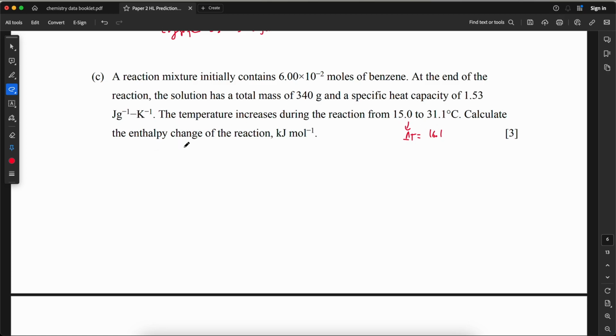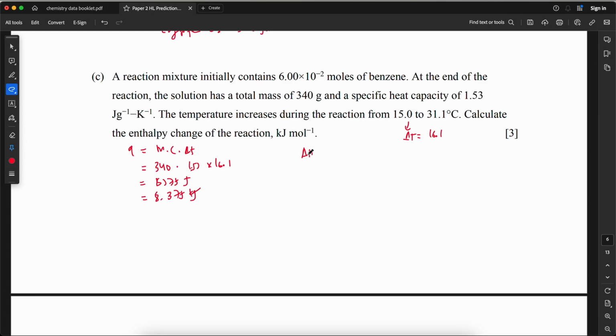Calculate the enthalpy change. First we need heat, because the enthalpy change will be Q divided by mole. So Q or heat will be mc delta T. So m is 340 times 1.53, which is the heat capacity, times 16.1, that would be 8,375 joule or 8.375 kilojoule.